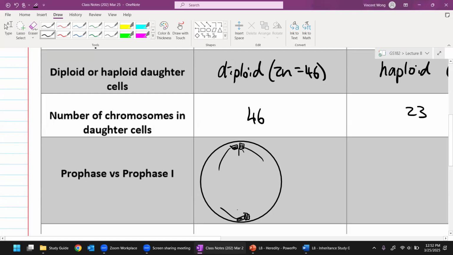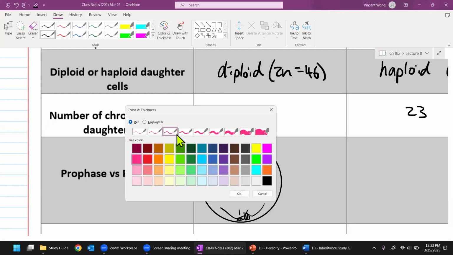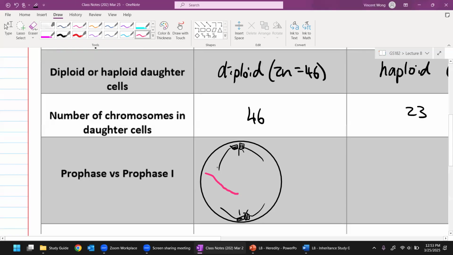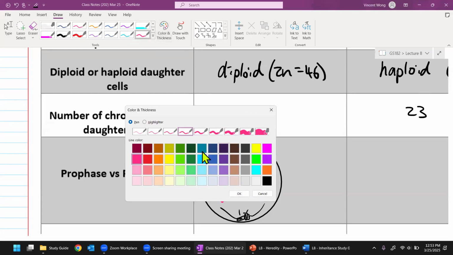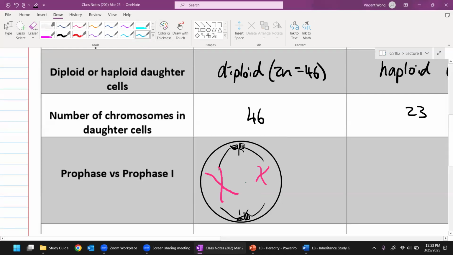And what are these lines called, anybody? And we're going to draw some chromosomes, okay? This is chromosome 1 from mom, already copied. Chromosome 2 from mom, it's a little bit smaller. And then chromosome 1 from dad. Chromosome 2 from dad.